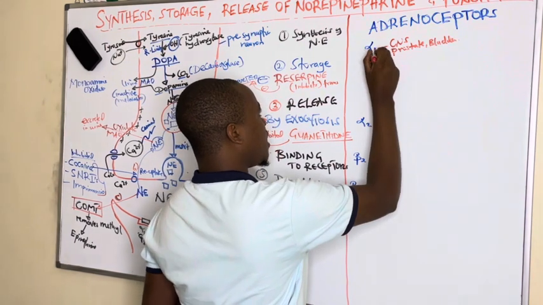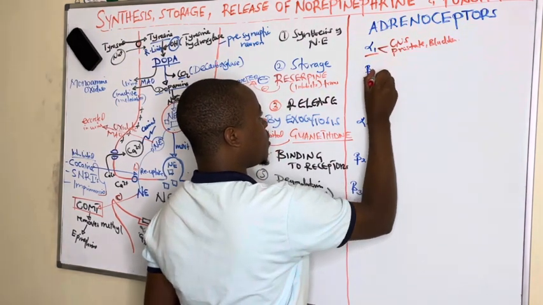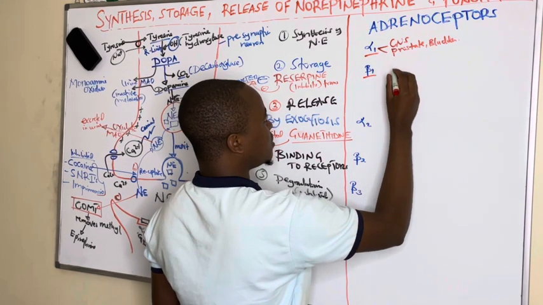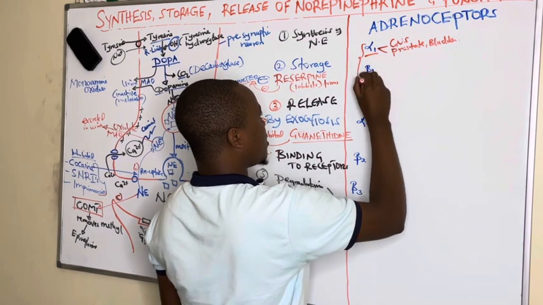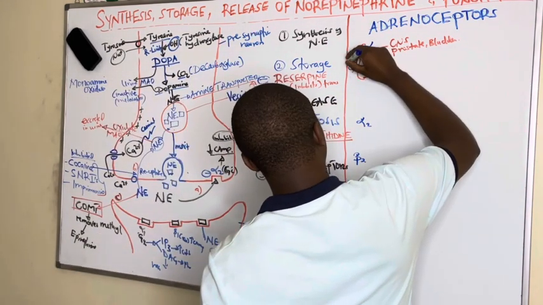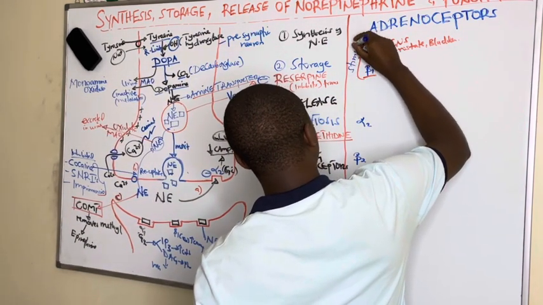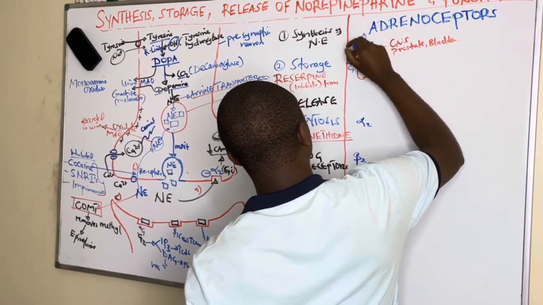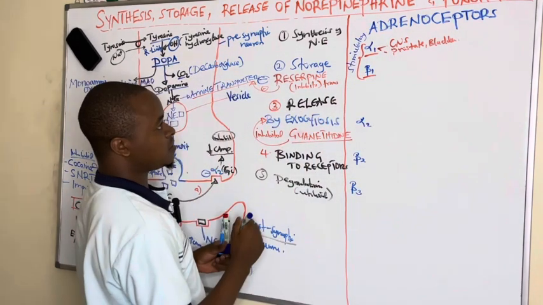Alpha 1 and beta 1, these ones are stimulatory. Why I put them together is that whenever norepinephrine binds, they are stimulated.